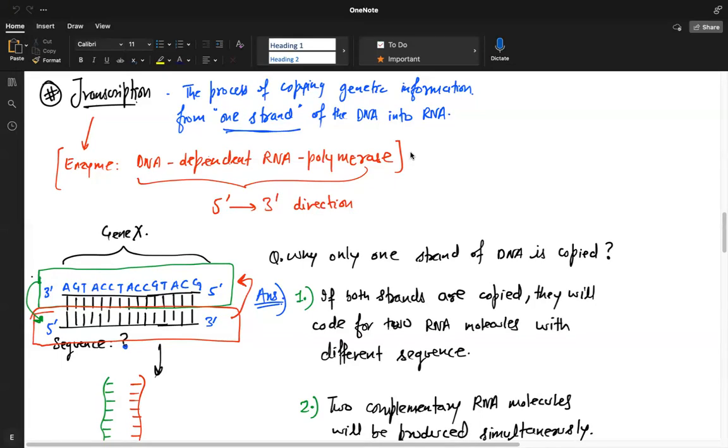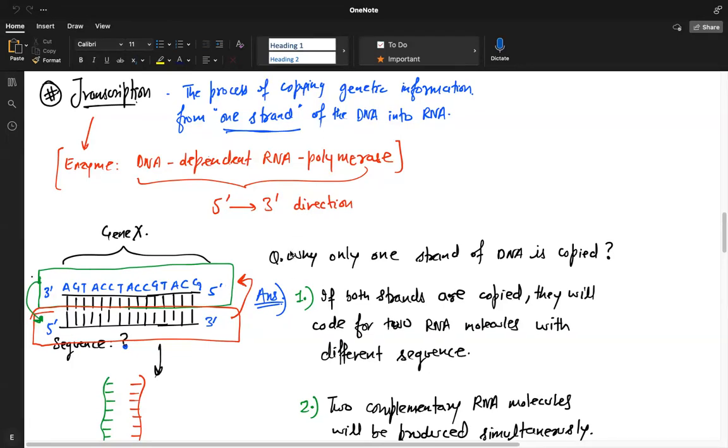So last class, we did transcription, which is the process of copying genetic information from only one strand of DNA into RNA. The enzyme we use here is a DNA-dependent RNA polymerase, which works from 5' to 3' direction.